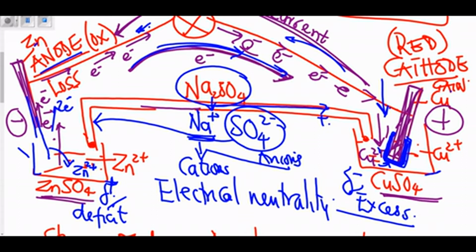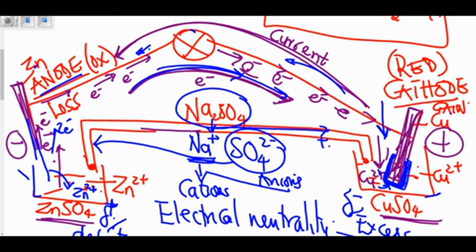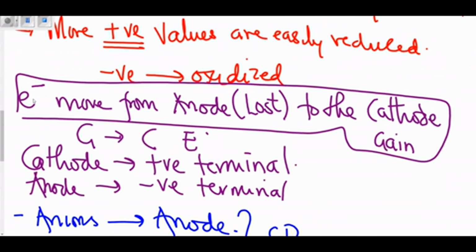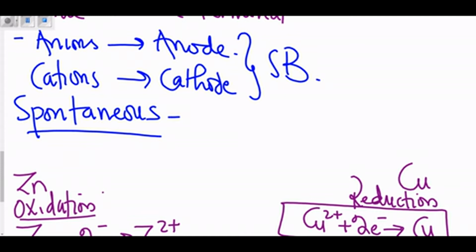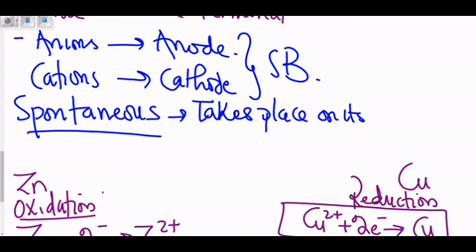If you notice, I need to talk about this bulb here. All we did was to connect these, and we expect that this light bulb would actually glow, which simply means that this reaction should be spontaneous. Spontaneous means a reaction that takes place on its own.